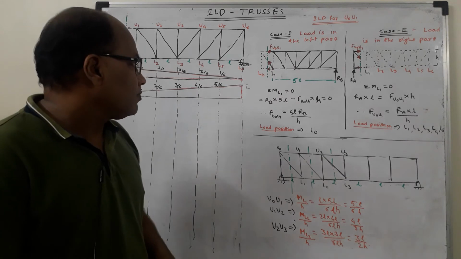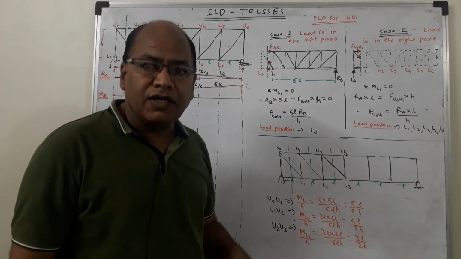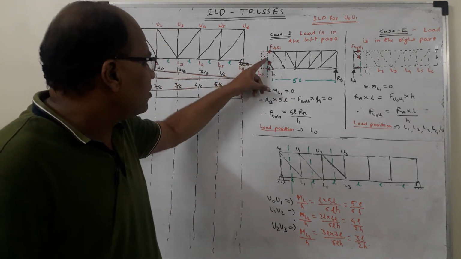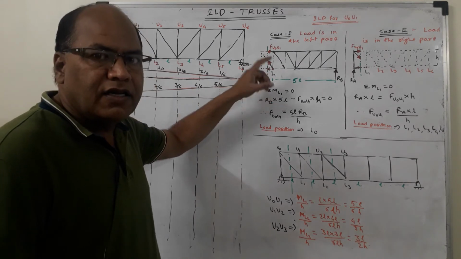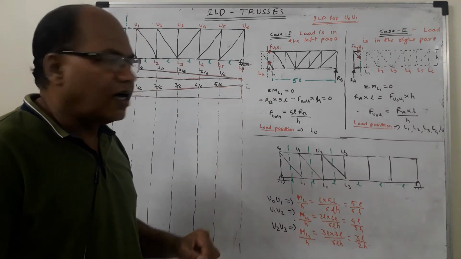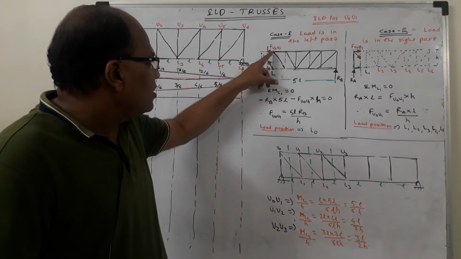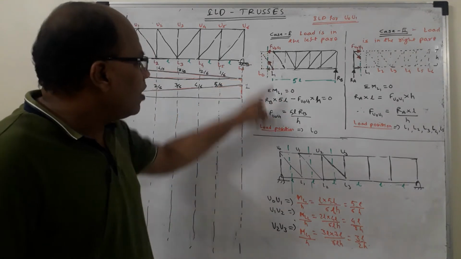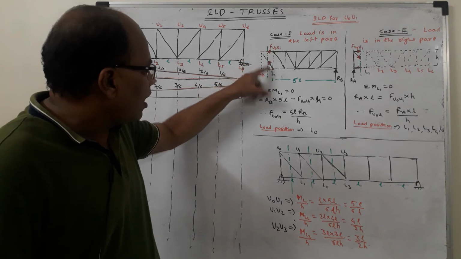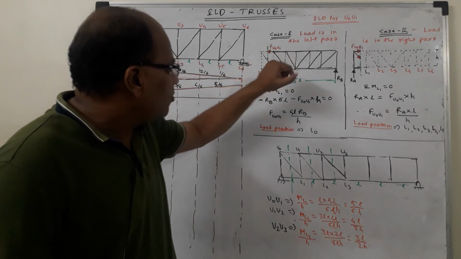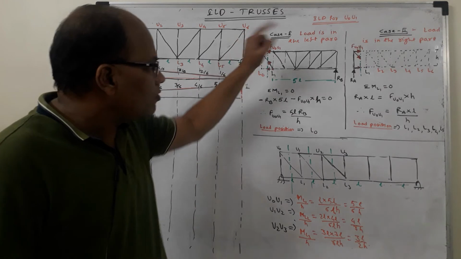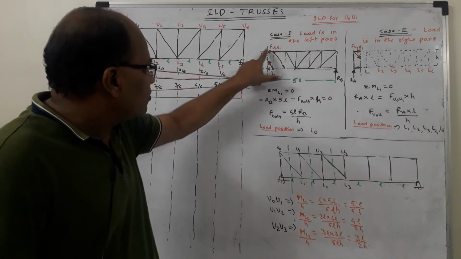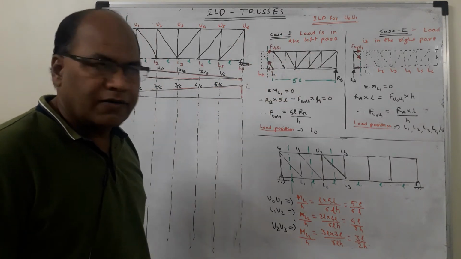But again, as I am using the method of sections and these three members are getting cut, the assumption to be made is that the forces in all the cut members are tensile forces. So I have shown the tensile forces in the right part because the load is in the left part and I want to deal with the right part.